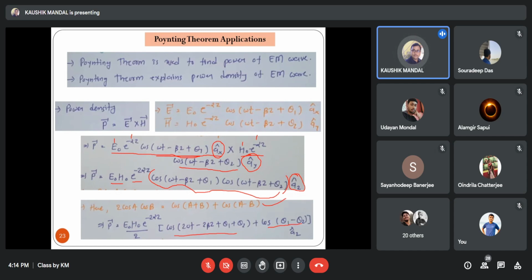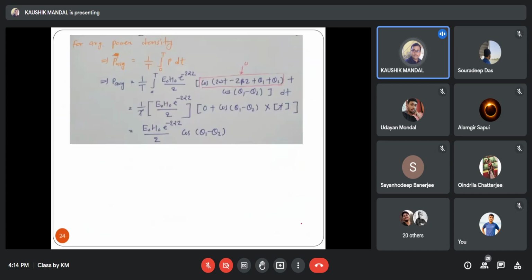Now to find out the average power density, you have to integrate it with respect to the time period T. So the average power density is 1 by T, integral from 0 to T, P dt. This equation you have to use. Now 1 by T, 0 to T, E0 H0 e to the minus 2 alpha z by 2. The integration of the first term will be 0.